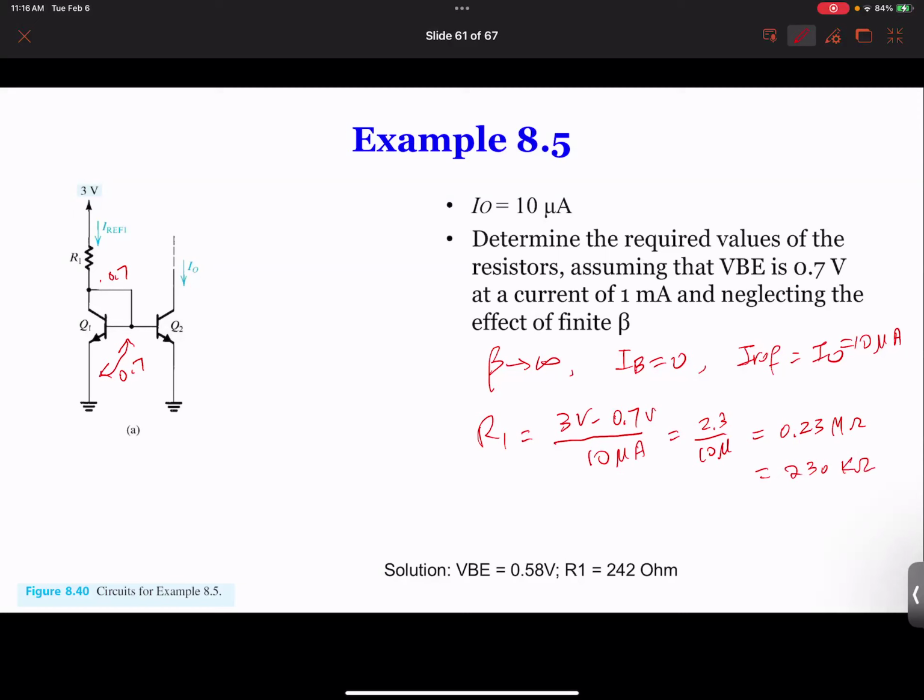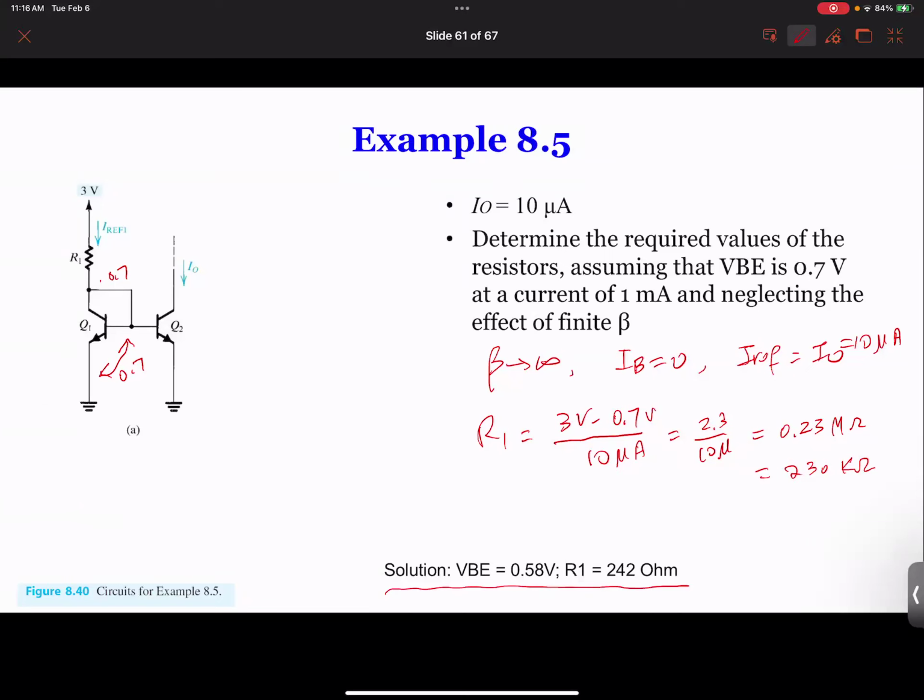kiloohms. Is that right? R1 is 230 kilohms, that's what we assume, VBE is 0.7. Now, in fact, because the current is so small, in the microamps, the solution given here is actually 242 kiloohms.